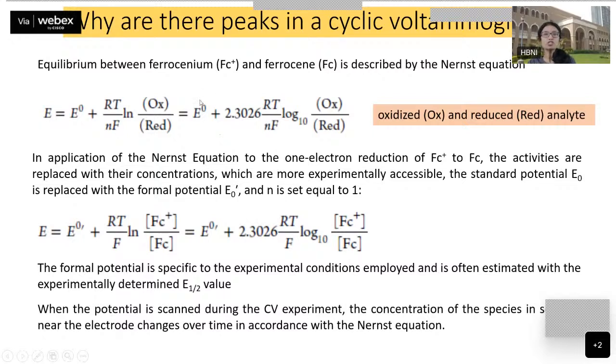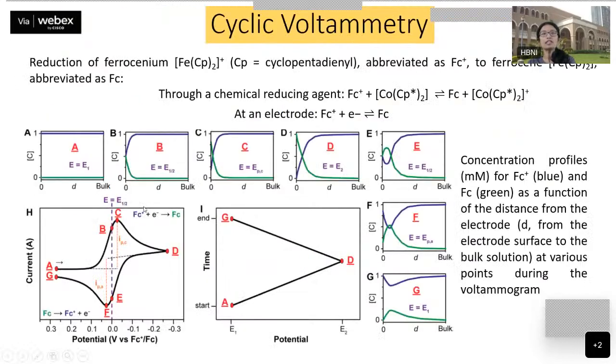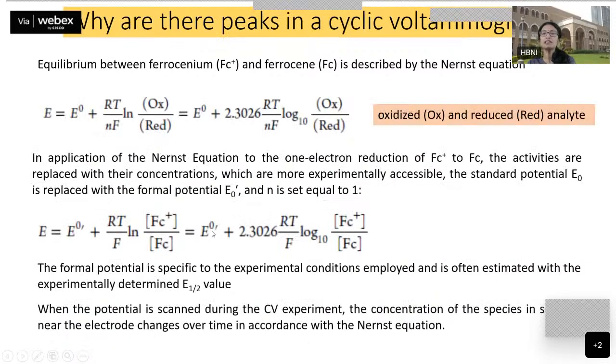And the standard potential is generally replaced by the formal potential. How you get the formal potential, I'll discuss. The formal potential is specific to the experimental conditions employed, and it is often estimated with the experimentally determined E half value. If you look here, this is the E half value in the diagram. This is nothing but your formal potential, and this is more experimentally accessible.